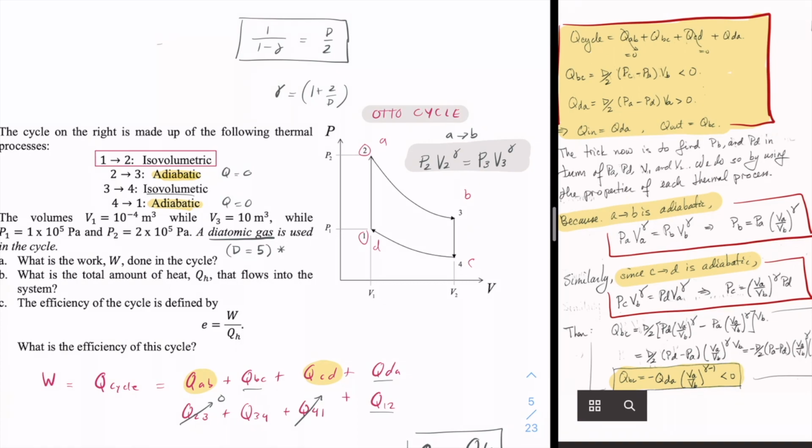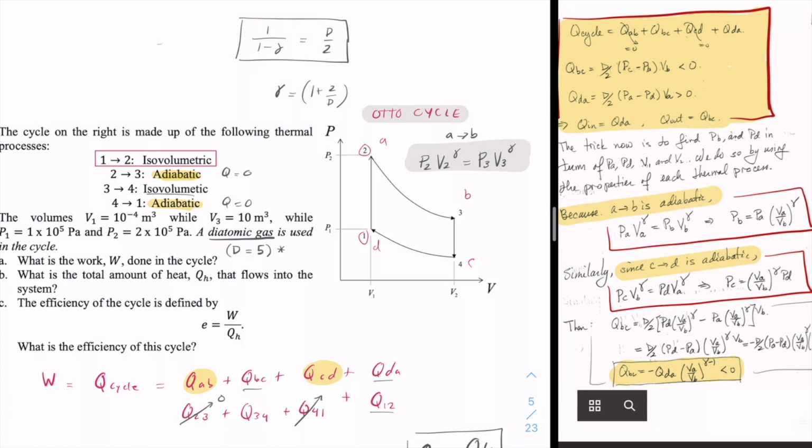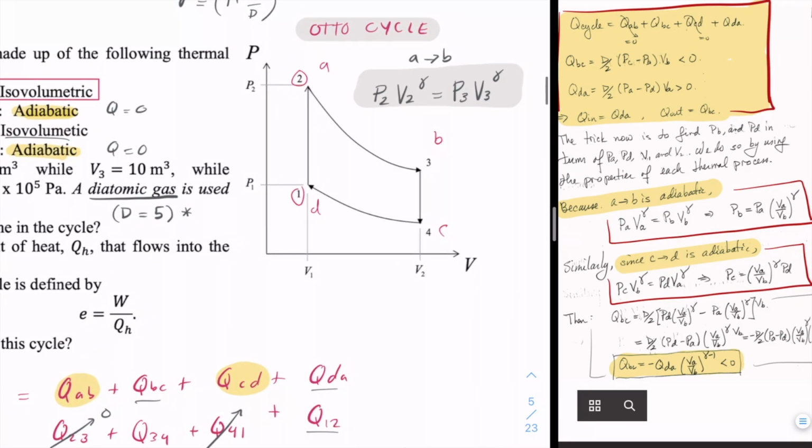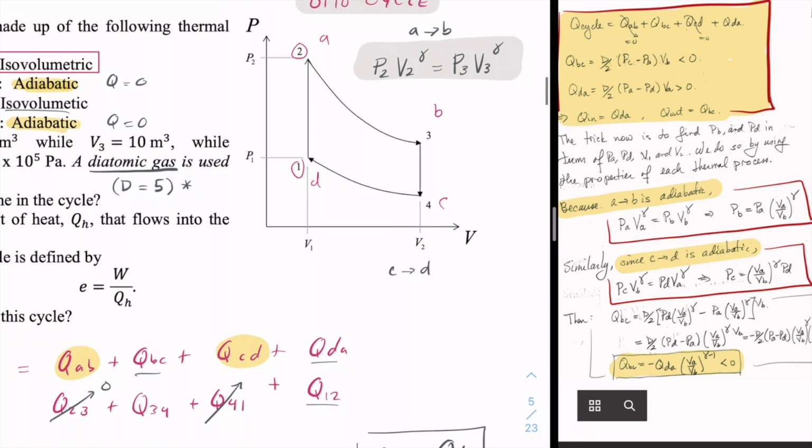the volumes. Okay. Then, when we're going from C to D, this one's also adiabatic. Because we know it's adiabatic, we have P4 V3 to this little gamma is equal to P, what was B?